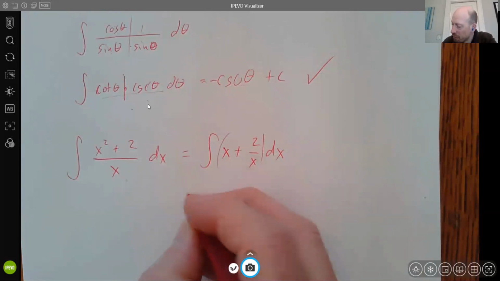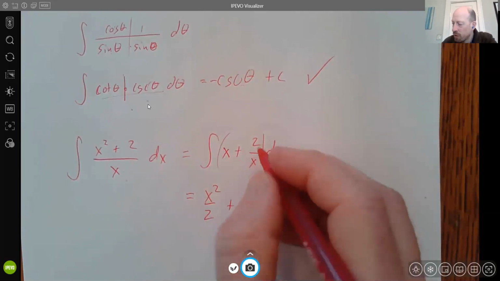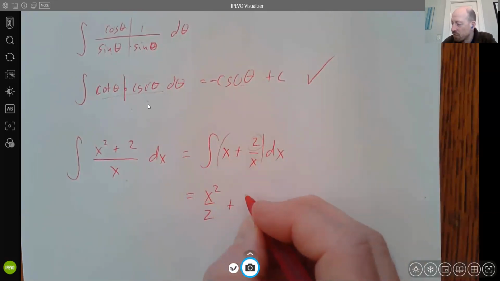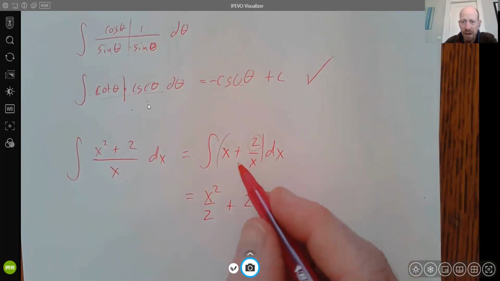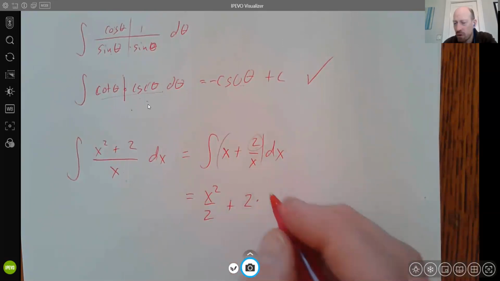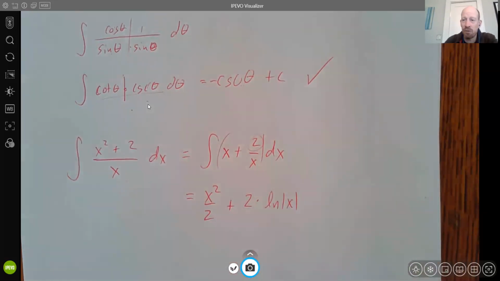The antiderivative of x is x squared over 2. And 2 over x, that 2 there is maybe a distraction. You can pull it out and take the antiderivative of 1 over x. That's not a power rule, that's natural log of x. So that's one to watch out for.